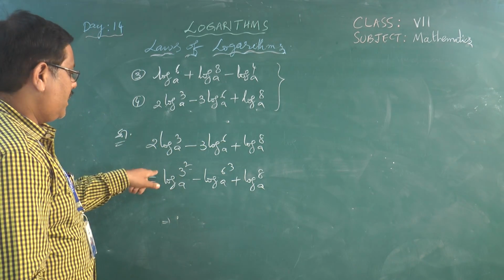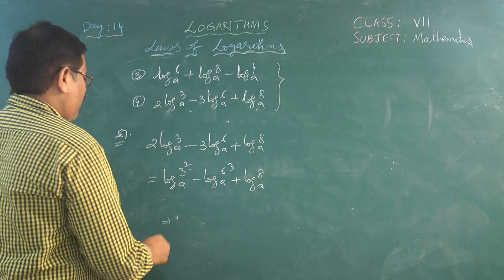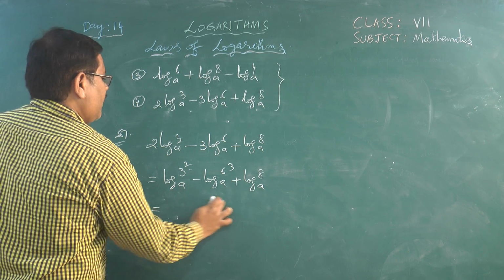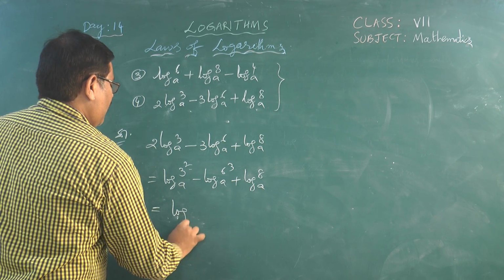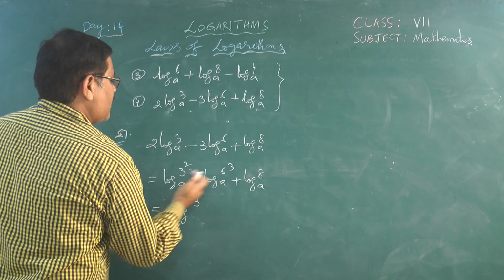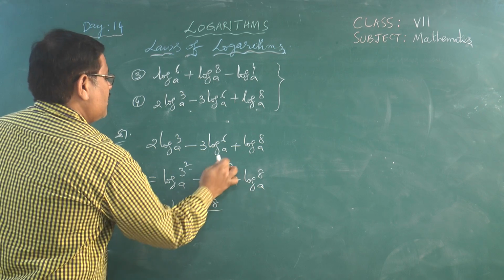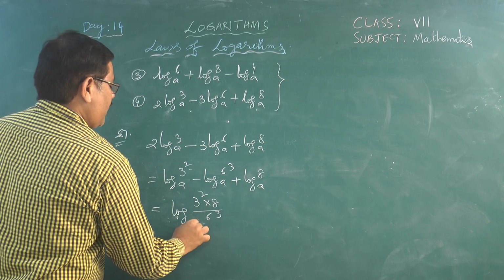So in this case we have applied the third law, or law of powers. Now if you look at these, all have the same base, so I can write it as 3 square times 8, because these two are added, so 3 square times 8 upon 6 cube to the base a.